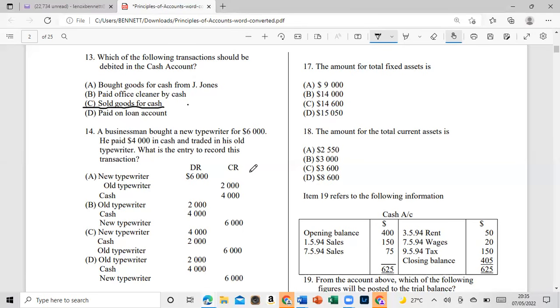I'm assuming they're saying that the old typewriter is valued at $2,000. So that would be a debit, and then add the 4.